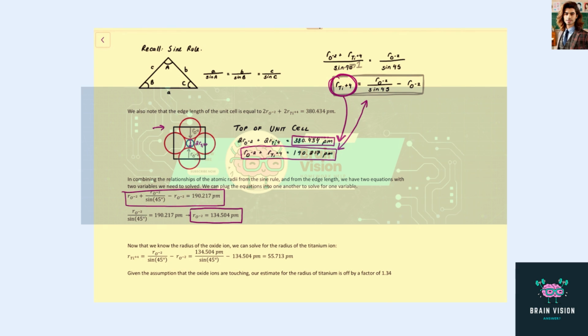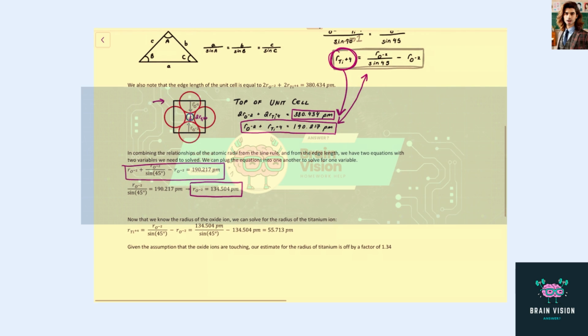134.504 picometers. Now that we know the radius of the oxide ion, we can solve for the radius of the titanium ion by plugging it back into this equation here, as I've done here. And we find that the radius of the titanium ion is approximately equal to 55.713 picometers.